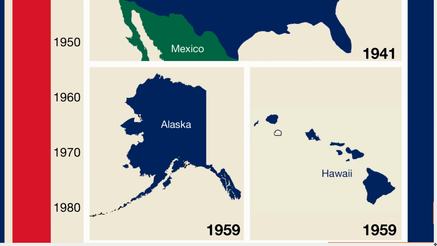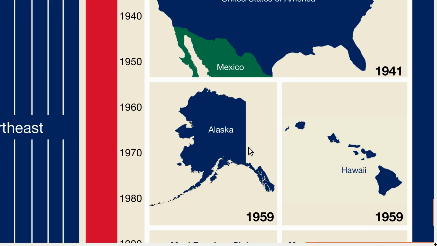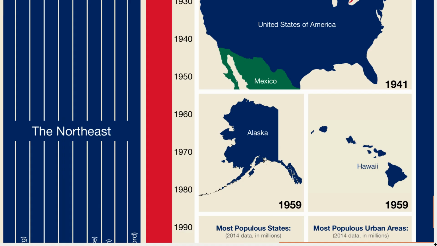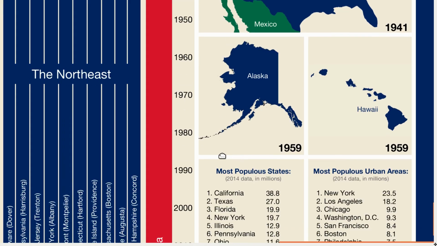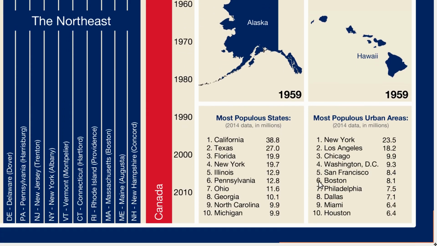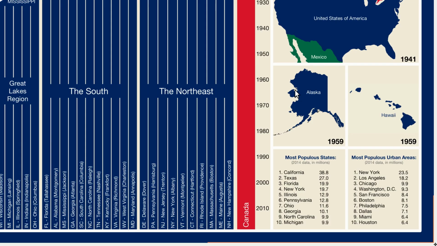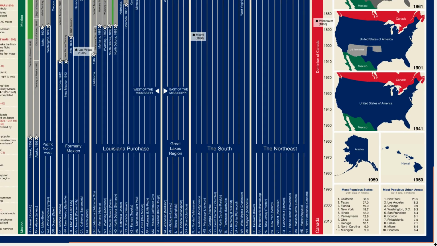And in 1959, Alaska and Hawaii become states, making the current 50, which is why the American flag today has 50 stars on it. Here at the bottom, you can see which states have the largest populations, as well as which cities.